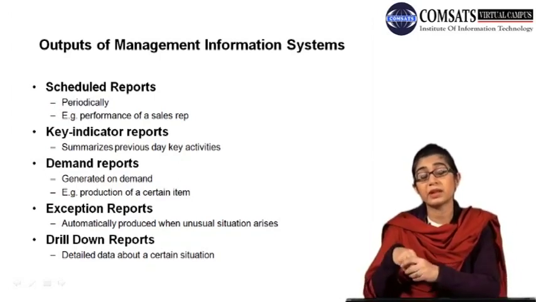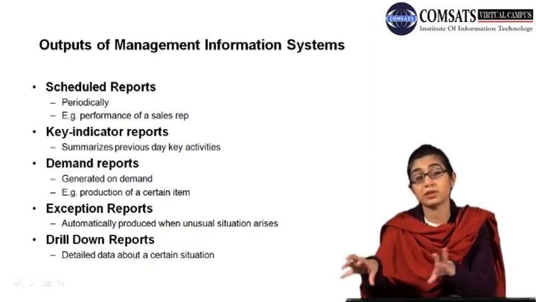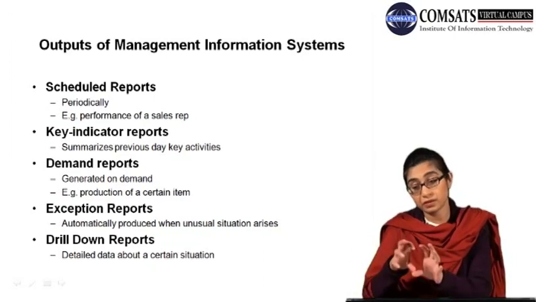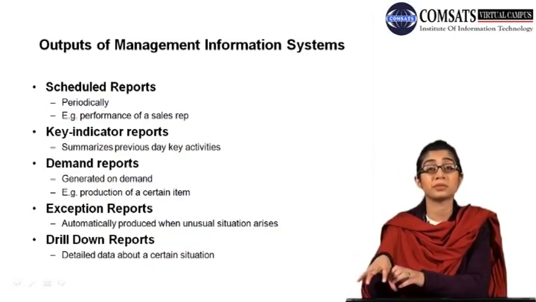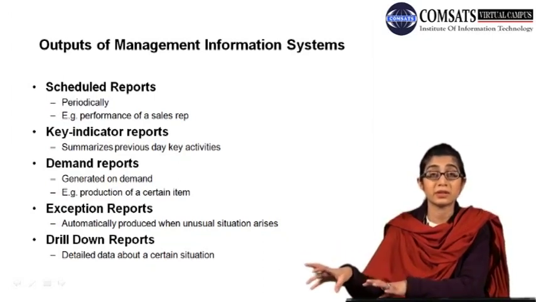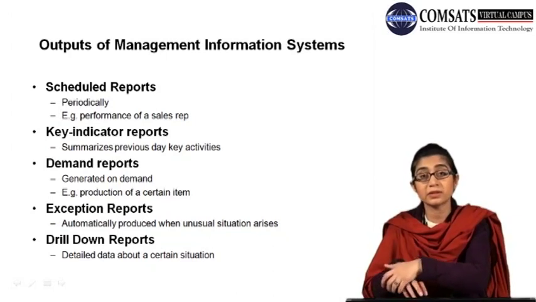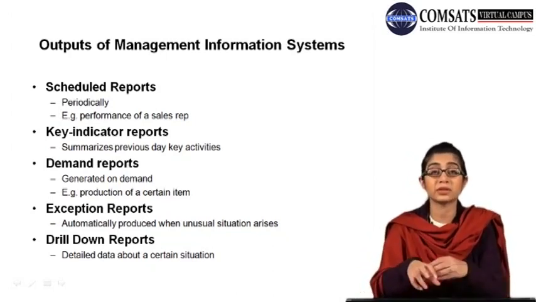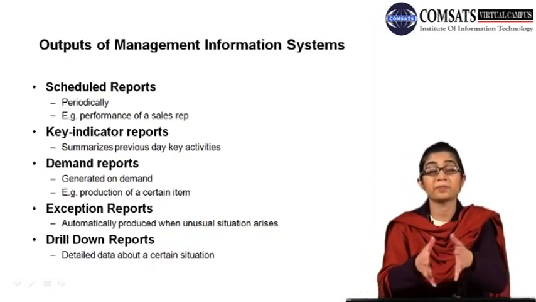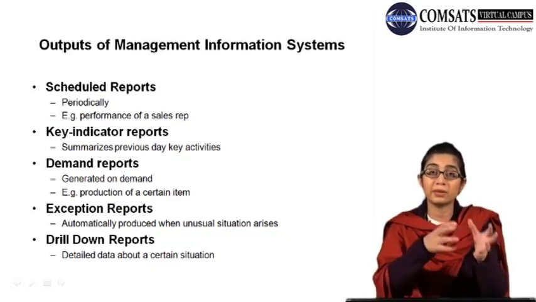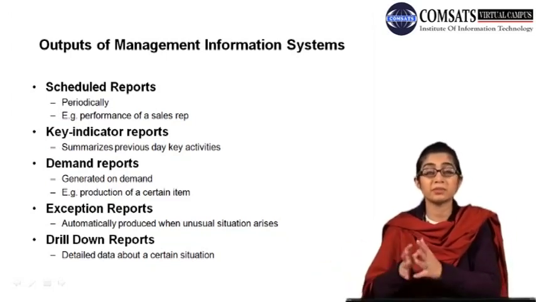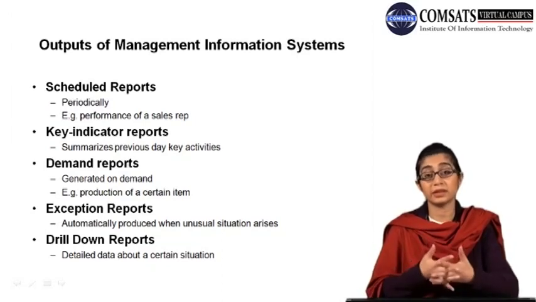The next level of drill down would be that you're looking at the sales of a certain department. Then the next level would be that you're looking at the sales of a certain sales representative. So you can basically move into the system and look deep down into a certain sales area, कि जो sales हुई है वो company के अंदर, इस department के अंदर, इस sales representative ने कितनी की है.